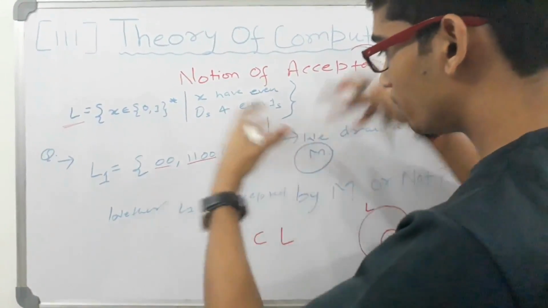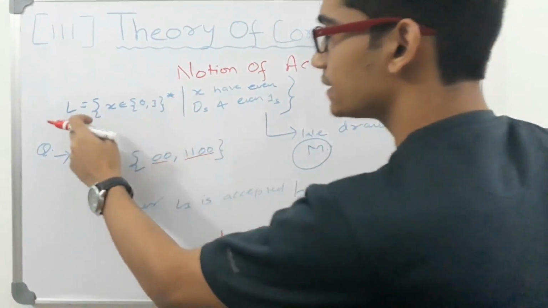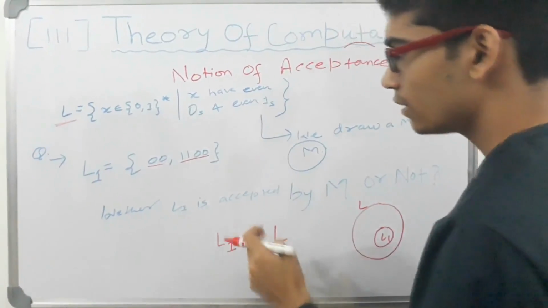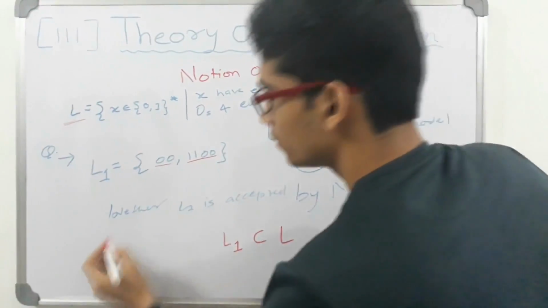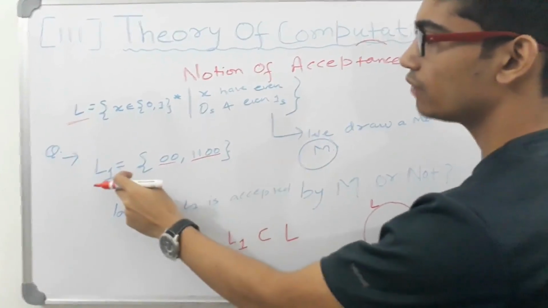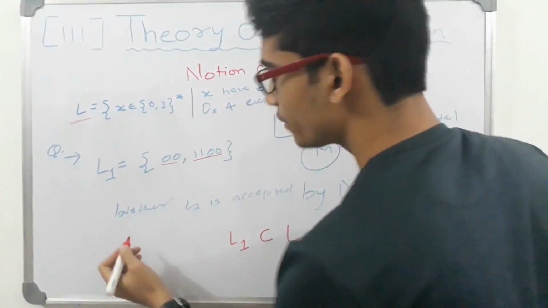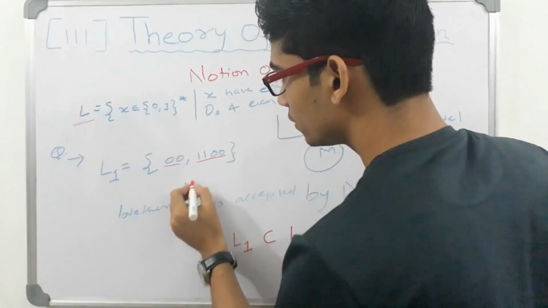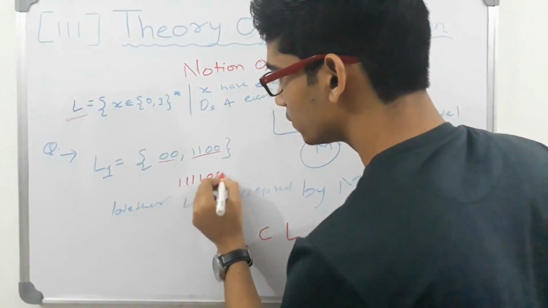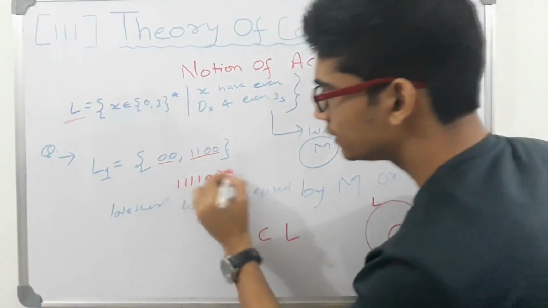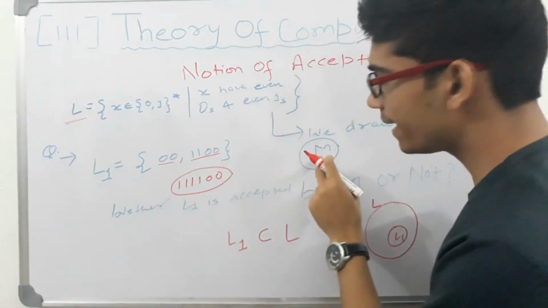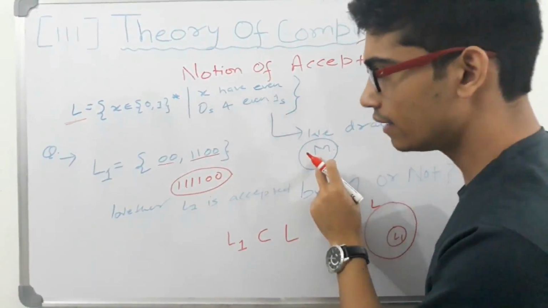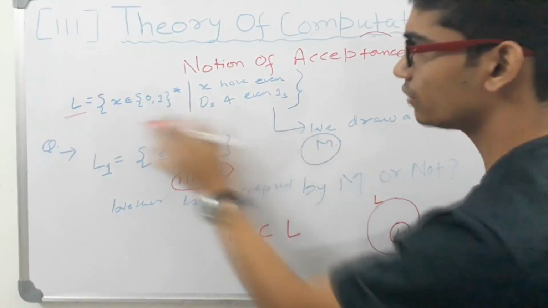M is much more, M is accepting this L. See what I mean to say now. In this model, if I argue that L1 is accepted by M, then let me write a string like this one. So this will also be accepted by M, isn't it? For instance, consider this model.